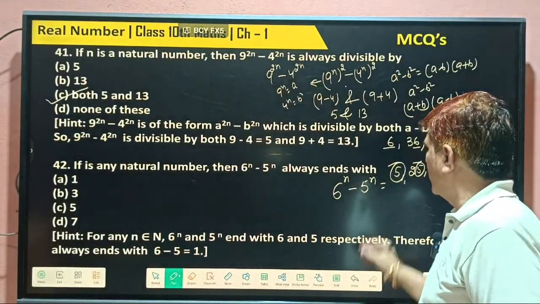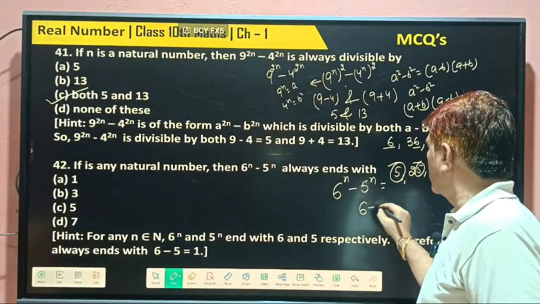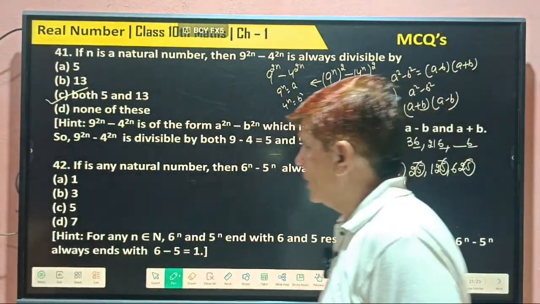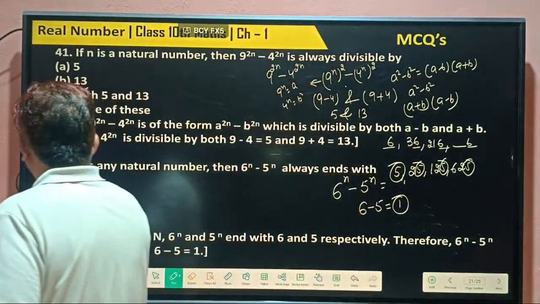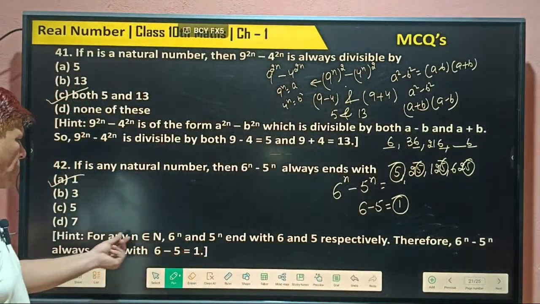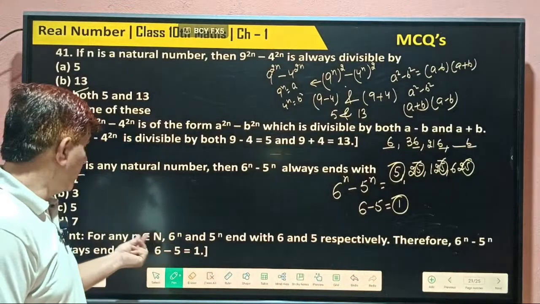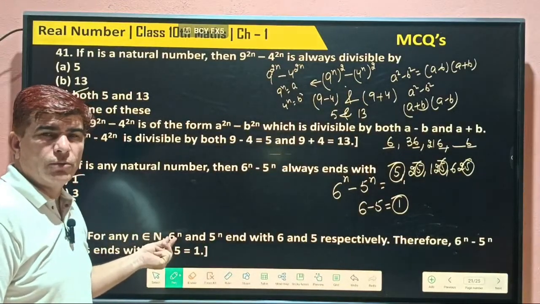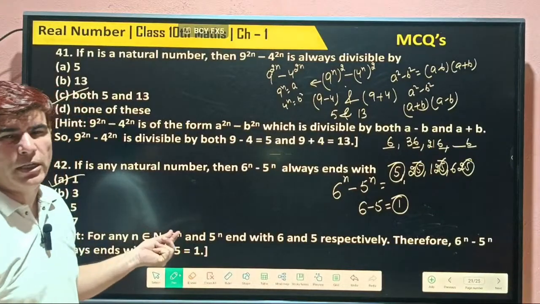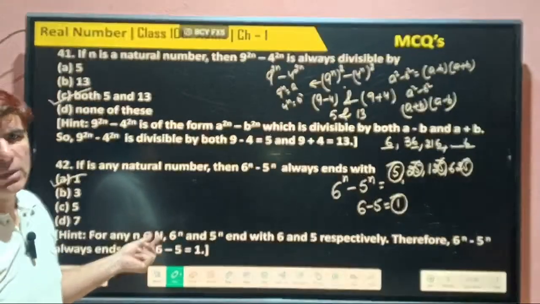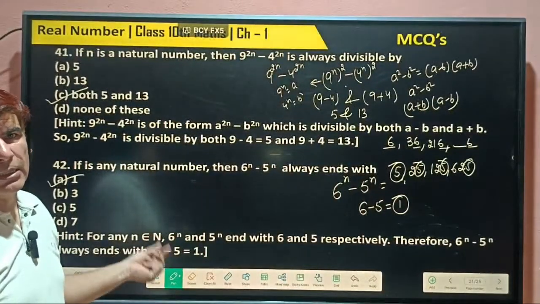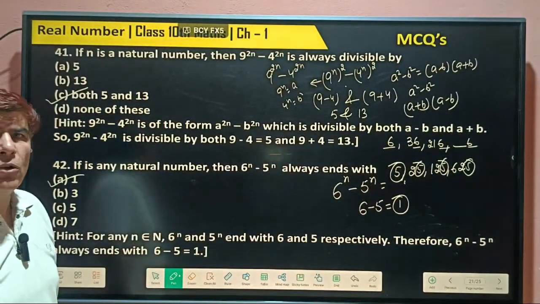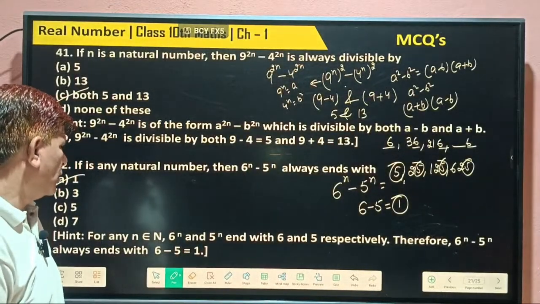So what can you say? It always ends with 6 minus 5, which is equal to 1. Is a hint given anywhere? Yes, it is given. For any n belonging to N, this means n is a natural number. And what are natural numbers? Those which start from one and go to infinity, and the difference between the preceding and succeeding number is always 1 or minus 1. Understood?